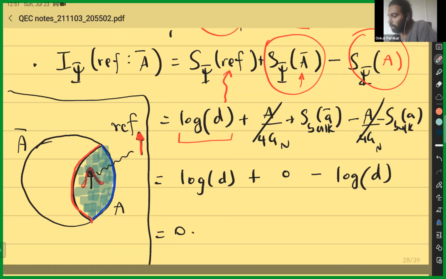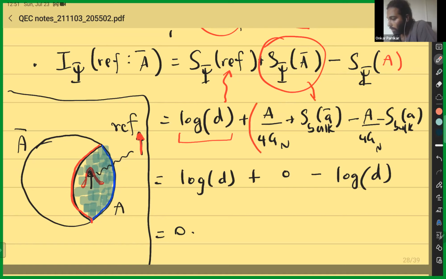So now with this we can compute. Let's say first I want to compute the entanglement entropy of A bar. What will I do? Well, I'm going to use the Ryu-Takayanagi formula. So this thing here is A over 4G Newton plus the bulk entanglement in the entanglement wedge of A bar, which is this region here.